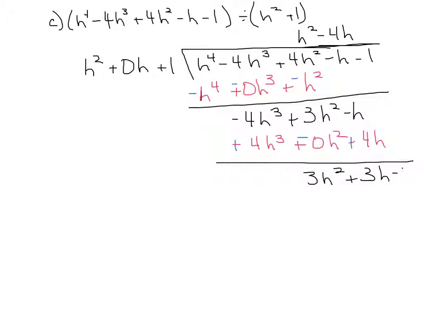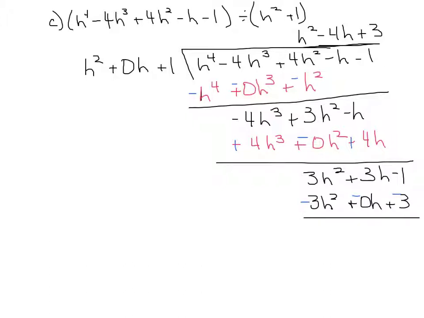And bring down the 1. Okay, do this again. H squared goes into 3h squared 3 times. Multiply 3h squared plus 0h plus 3. Change the signs. And add.